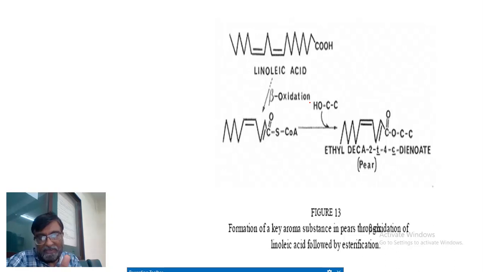So when beta oxidation takes place, this 18 carbon fatty acid will break down into a 16 carbon chain and a 2 carbon chain, acetyl CoA, right? And that undergoes another reaction producing ethyl deca-2T,4C-dienoate. It's a pear-like flavor, a pear flavor.